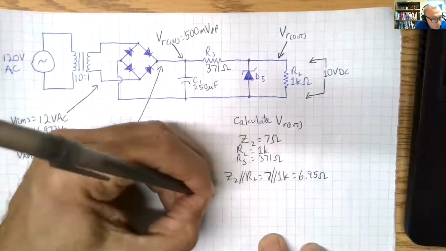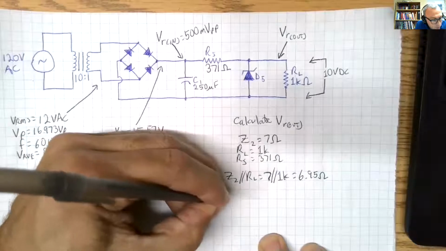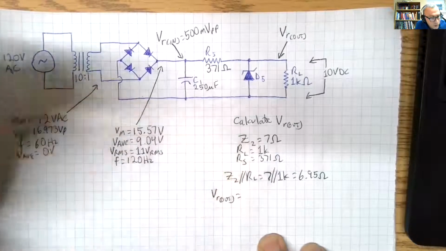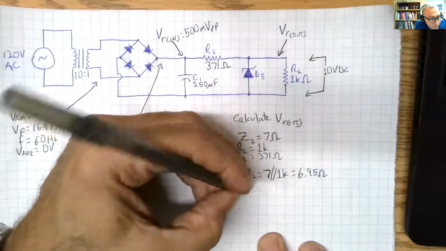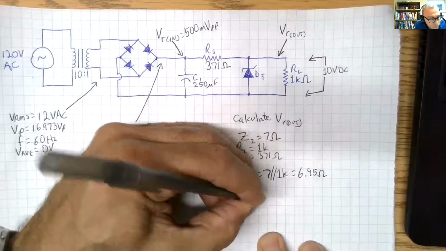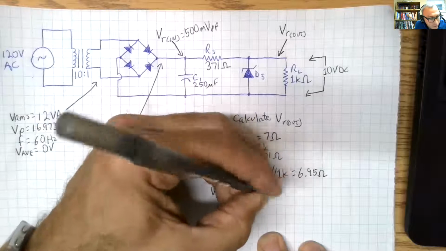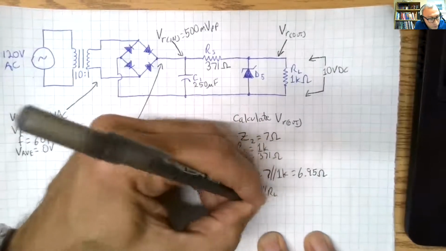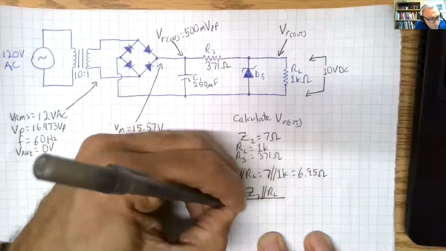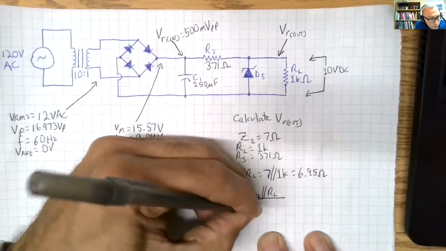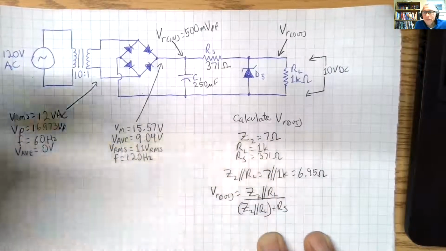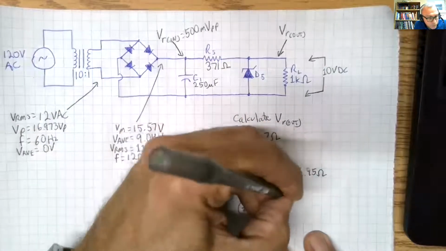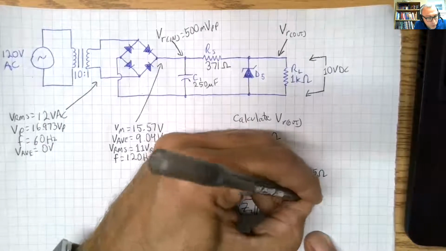So the output ripple, VR out, is going to be equal to the Zener impedance in parallel with RL over those two in parallel again plus RS, times the input ripple.